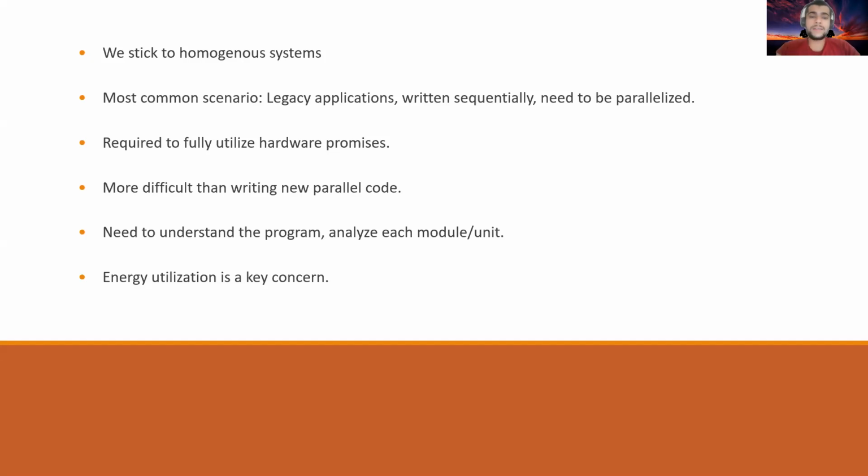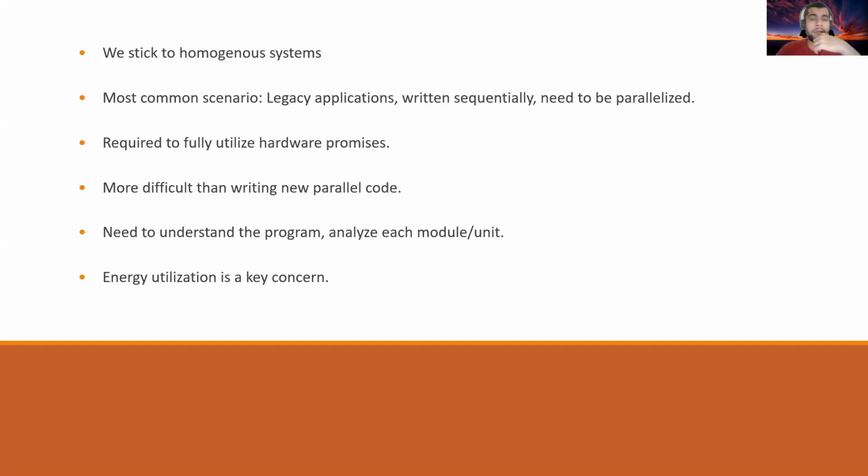But in this case, you don't do that. You just have a huge code base of hundreds and thousands of lines, written entirely in a sequential fashion, and now you need to identify which parts of it can run in parallel, and then do that. So that's a really difficult task.